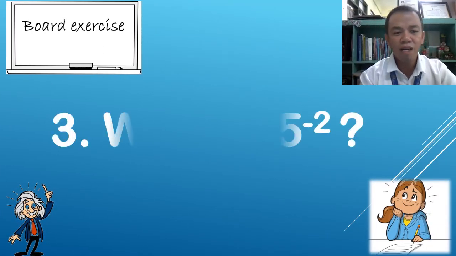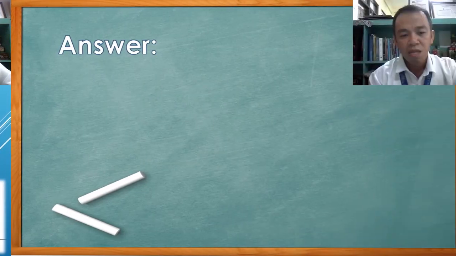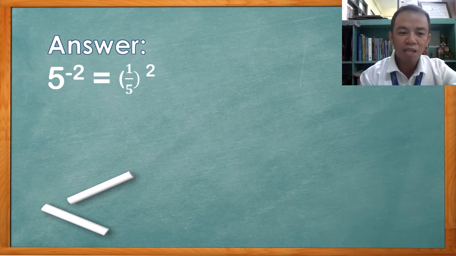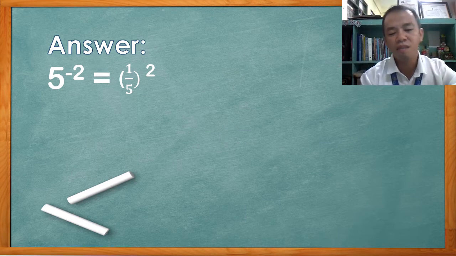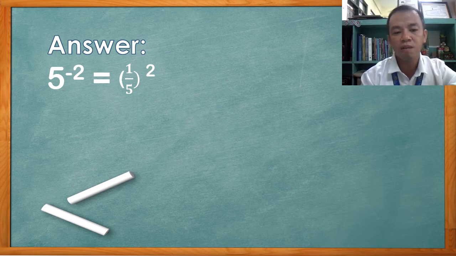Now, in our last board exercise, what is 5 to the power of negative 2? 5 to the power of negative 2 is an example of a negative integer as an exponent. Based on our discussion on negative integers as exponents, 5 to the power of negative 2 would become a reciprocal or a fraction.